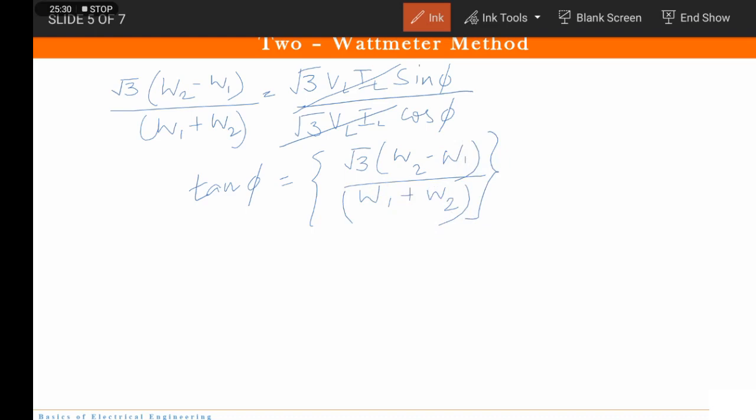So what will be phi? It will be tan inverse of root 3 (W2 minus W1) upon (W1 plus W2).